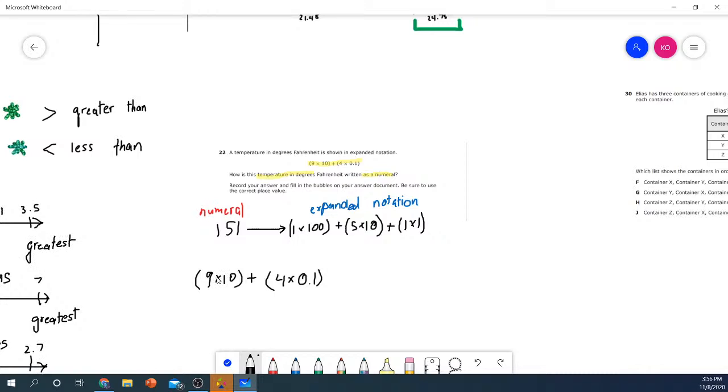We would have to multiply whatever's in the brackets because of PEMDAS, and then we would have to add these numbers. So right here, 9 times 10 is equal to 90, because 9 times 0 is 0, 9 times 1 is 9. So you get 90.